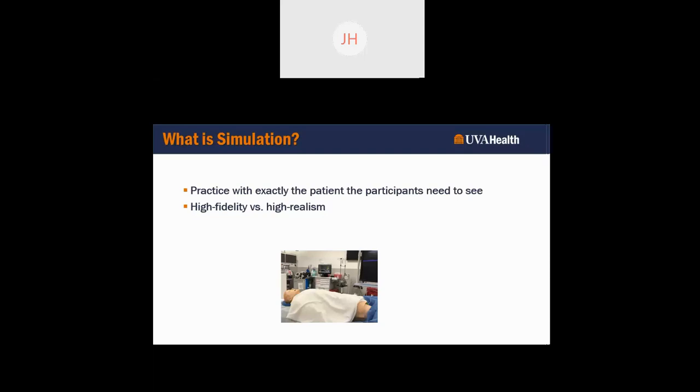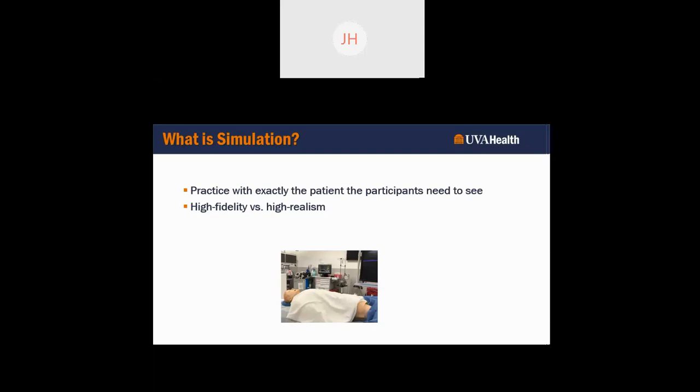There's a lot of discussion in the simulation world about high fidelity versus high realism. At UVA, in the Health Center, at Life Support Learning Center at least, we aim more for high fidelity rather than high realism. We are not going to get a perfect room where someone looking at it would say, that is a hospital room and I understand exactly what everything is in there. We go for high fidelity.